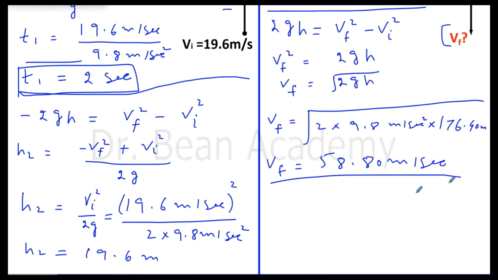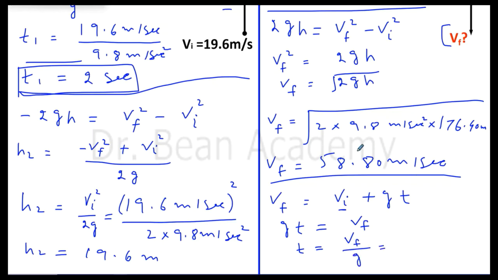So here I will write the equation. The second equation from that list is Vf equals Vi plus gt. And I know that this Vi is 0, and I can reverse the sides of the equation for convenience. gt equals Vf, and t equals Vf, the final velocity, divided by g.